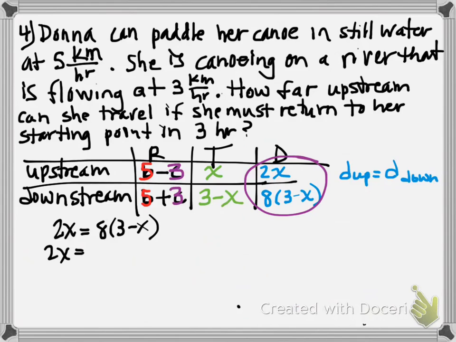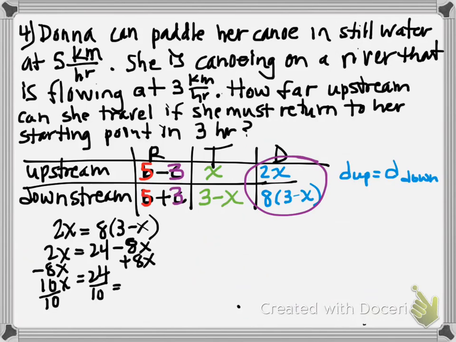So we distribute, getting 24 minus 8x. We add 8x to both sides. We get 10x equals 24. Divide by 10. They both have a 2 in common. So that gives me 12 over 5.